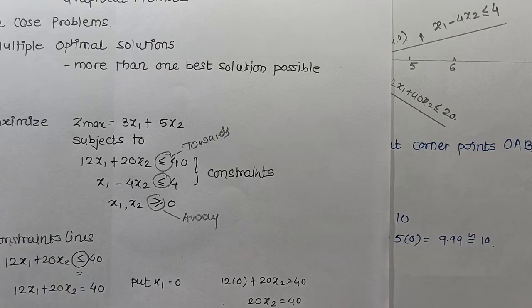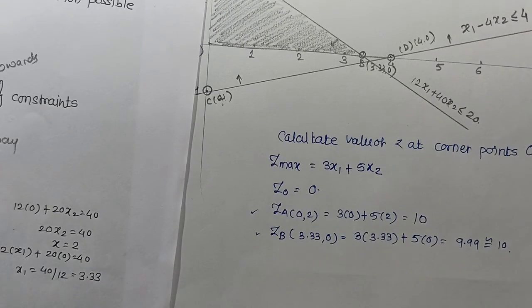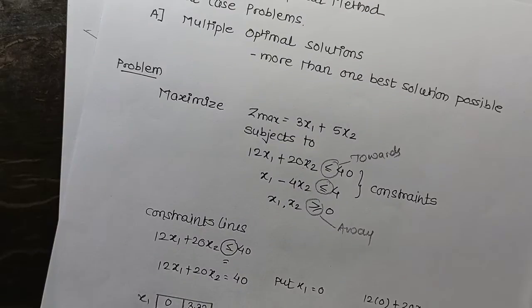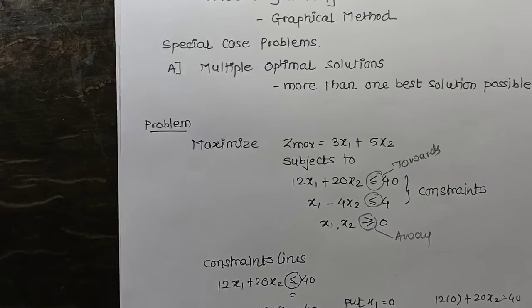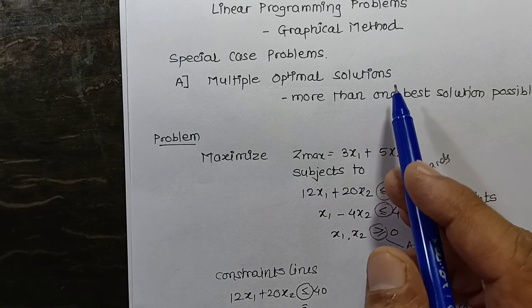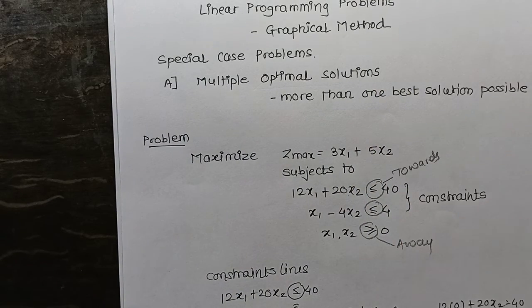So this is how the particular method is used to solve the given problem. So this is the condition of special case of problems where multiple solutions are possible. Many times various other special cases can be considered.